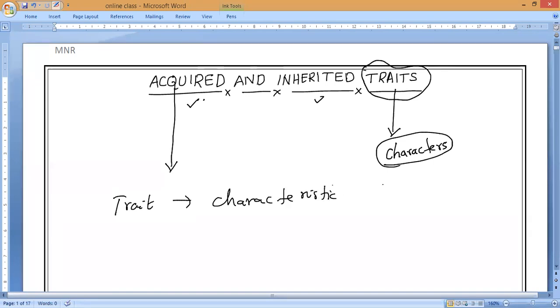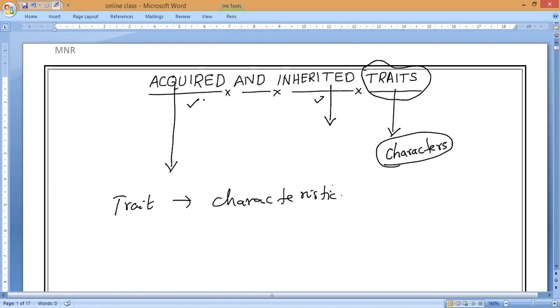So if you take any organism, a trait of an organism which is not inherited. You might understand inherited. What do you mean by inherited, guys? Which is coming from our parents, like genes. Which is not coming through the genes, but develops in response to the environment. That is what we call acquired traits. Do you understand?